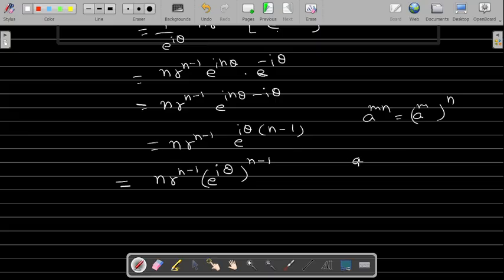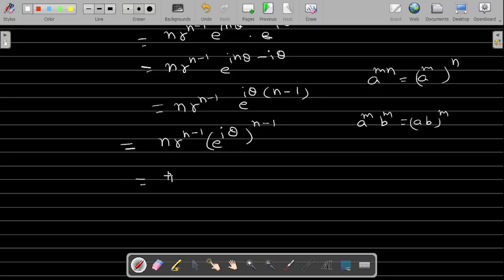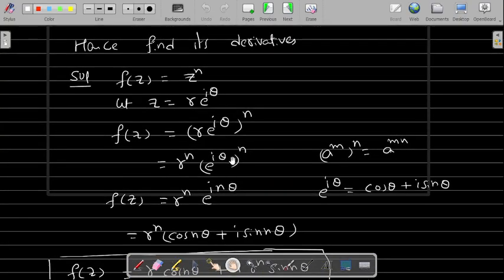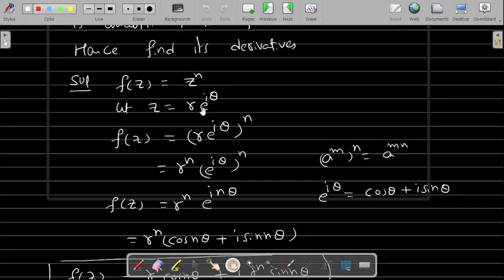Now, a power m b power m can be written as ab whole power m when the powers are the same. So r power n minus 1 e power i theta whole power n minus 1 can be written as n into r into e power i theta whole power n minus 1. What is r e power i theta? In polar form we took z equal to r into e power i theta.